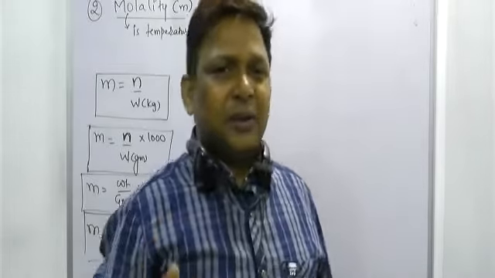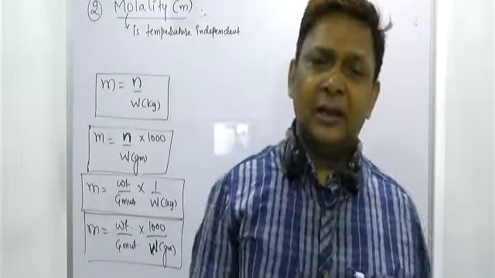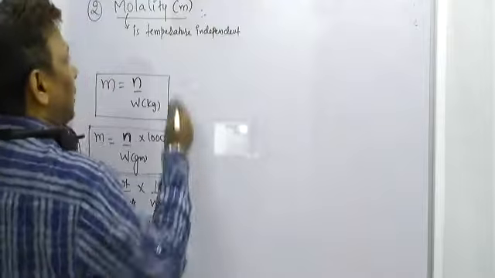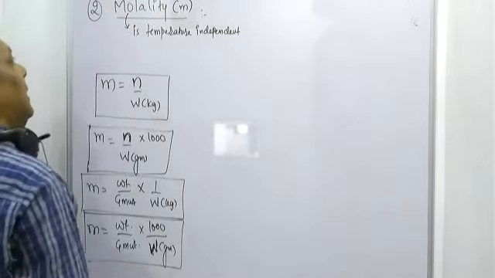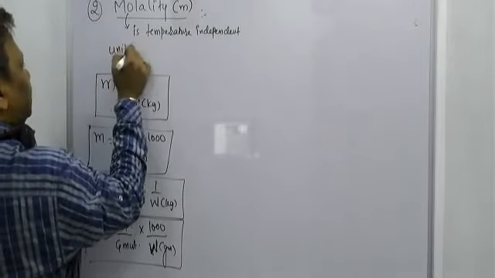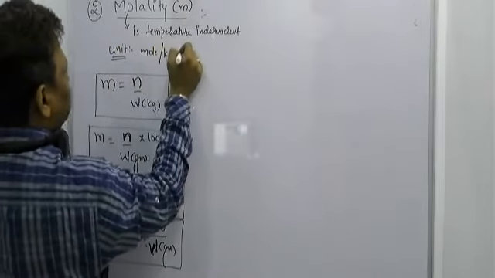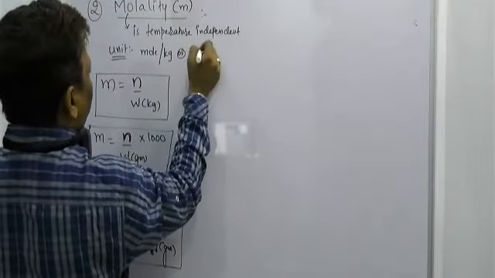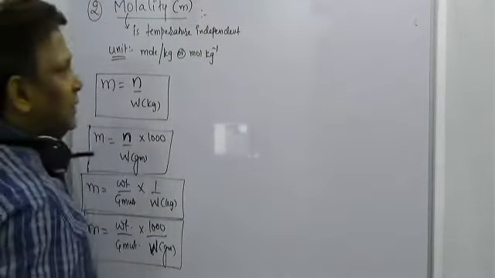By changing the temperature, either increasing or decreasing, the value of molality never changes. Molality is temperature independent. Second, the unit of molality is mole per kg. This is the unit of molality.